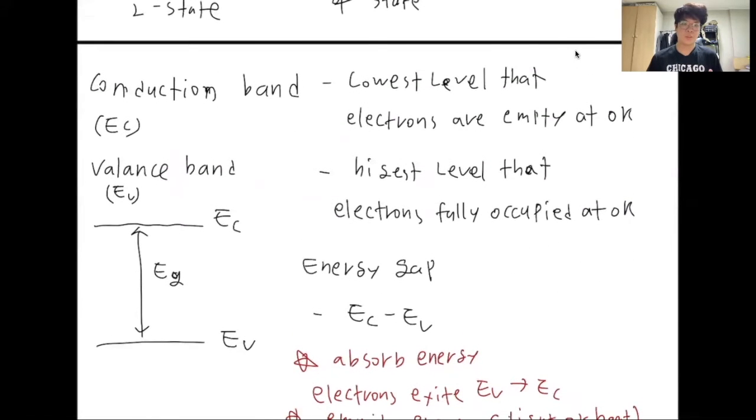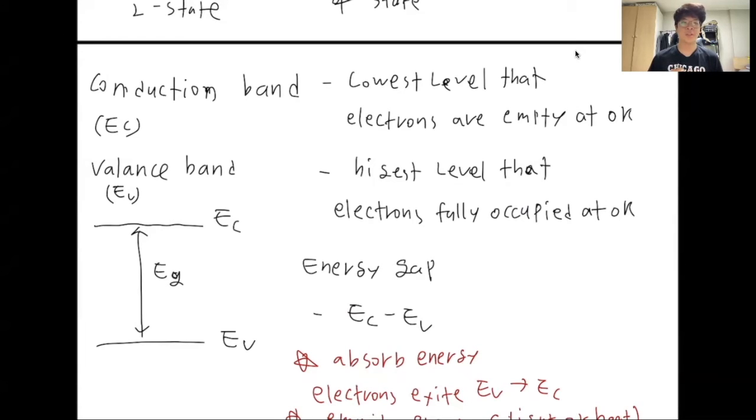So those atoms bond with each other and make the band. So we can define two states. First, there is the conduction band, which is the lowest level where electrons are fully empty at thermal equilibrium at 0 Kelvin.